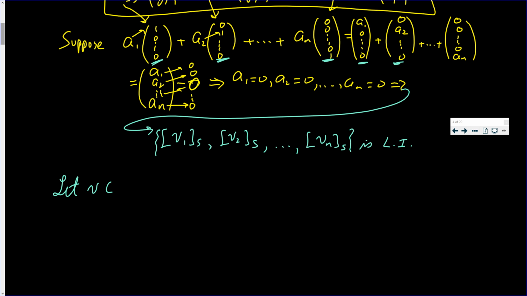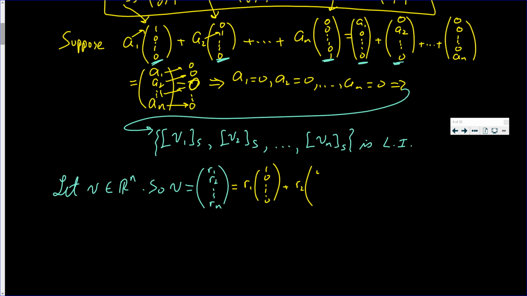Let V be in Rn. So V is equal to (r1, r2, up to rn). But this is nothing more than r1 times (1, 0, 0) plus r2 times (0, 1, all zeros), all the way down to r sub n times (0, 0, and then 1).